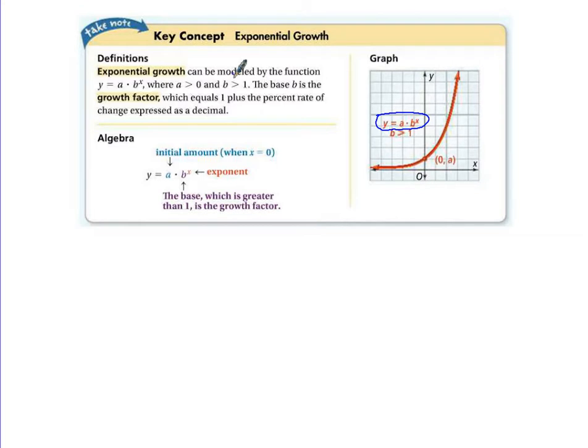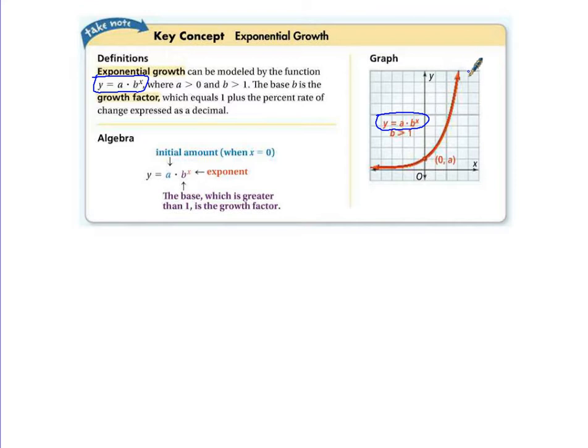So exponential growth can be modeled by the function y equals a times b to the x. The same thing as last section. A has to be positive, so you will not see a negative sign out here. B also has to be greater than 1. And we talked about that in the last section. If b is greater than 1, then we see a graph that looks like this.